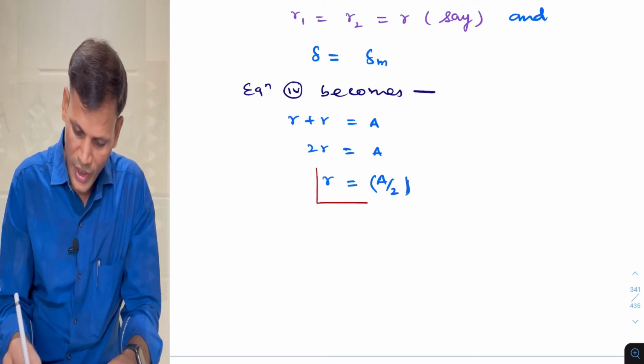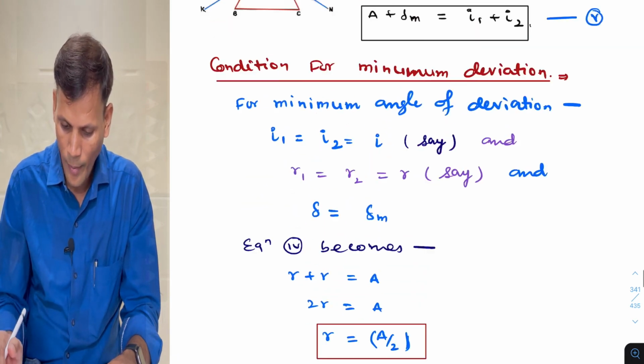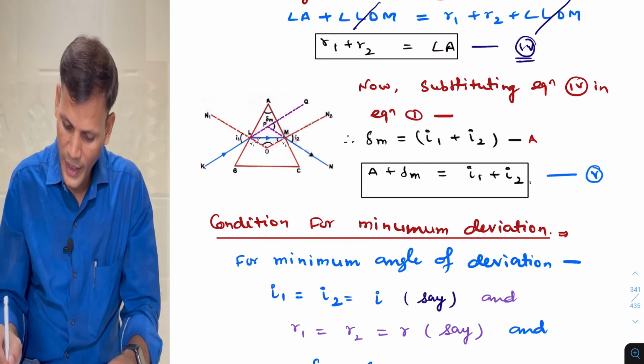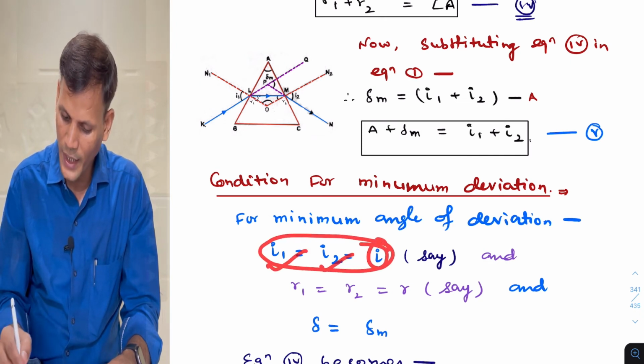Again, a very important relation it is. And in the second part, we have to find out I. What we have taken, I1 must be equal to I2, equal to I, say.